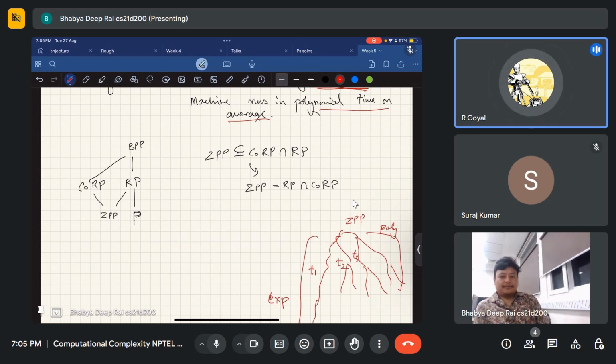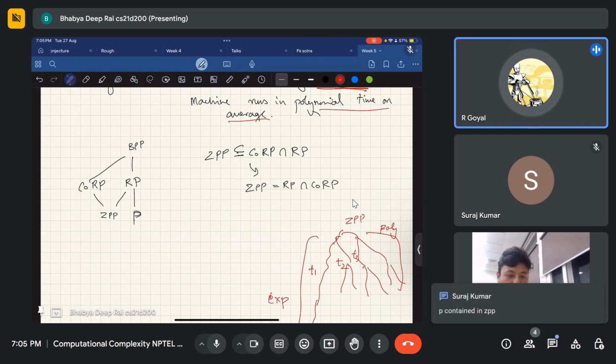Since in ZPP it is quite possible that for some problems the time could be exponential, which is not possible for P, I think P would be a subset of ZPP.